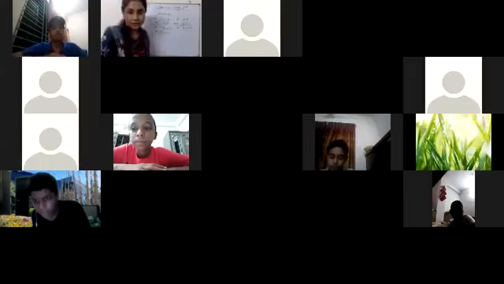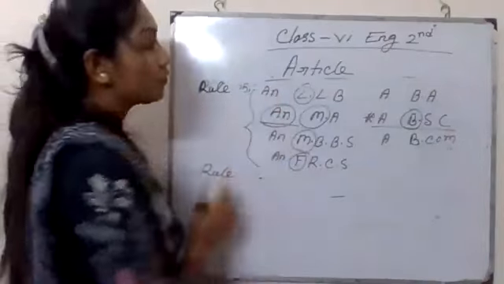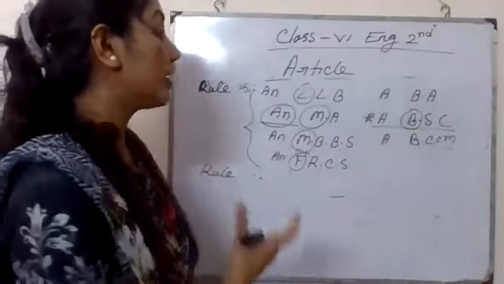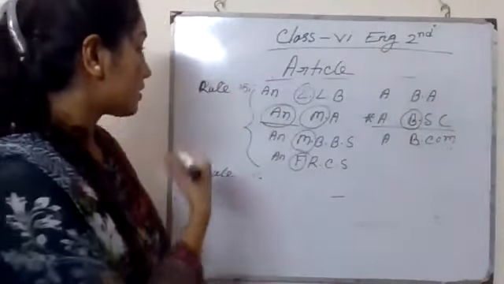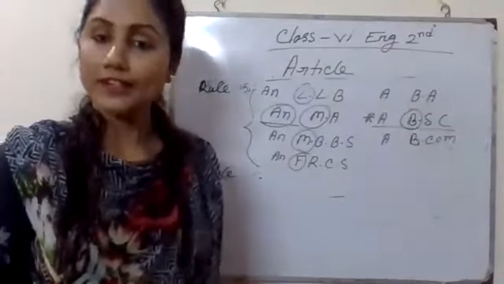Like this one, M is also a consonant, F is also a consonant, and L is also a consonant. So when the abbreviated word begins with a consonant, it doesn't matter.